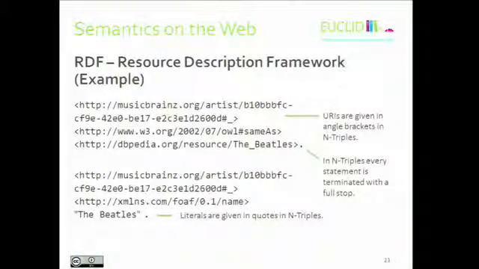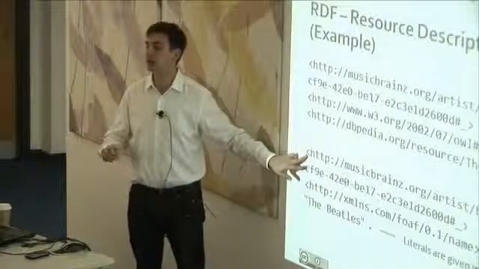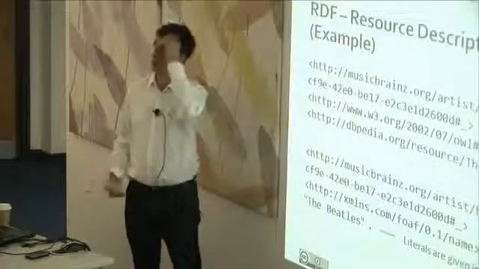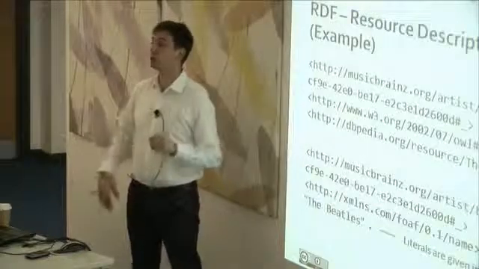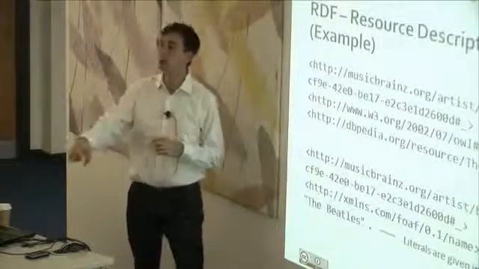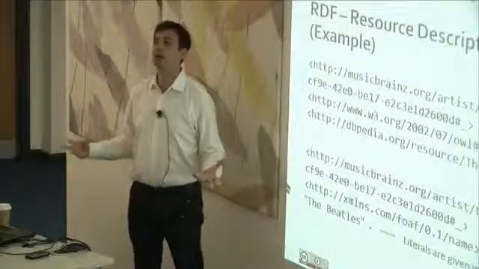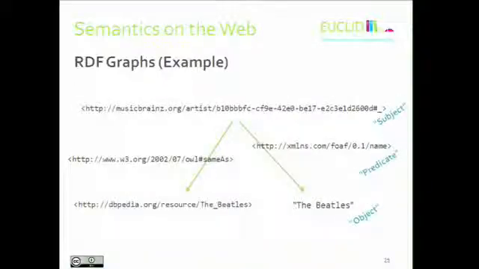They have the same URI for the subject. Now, I could have written both of these triples, or I could have got them from two different sources. But the fact that we use URIs to represent things like the Beatles means that we can combine these two triples into a graph, which is what happens here.